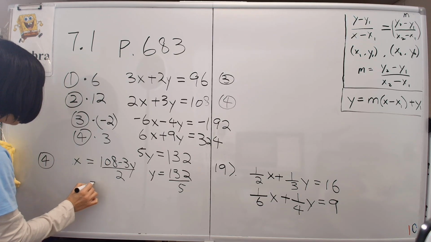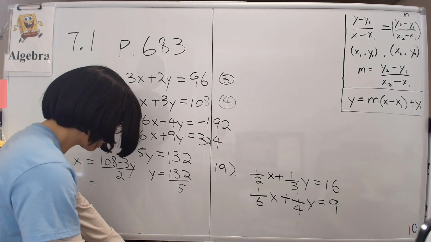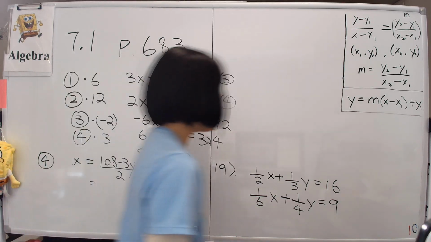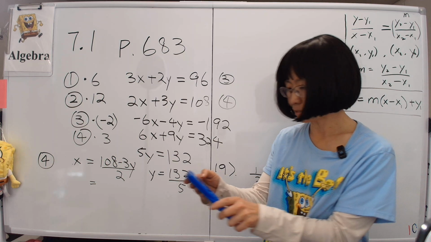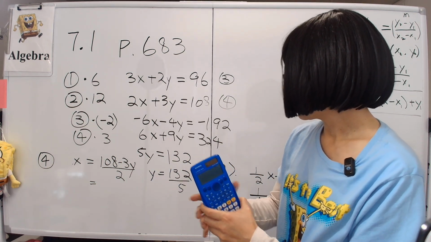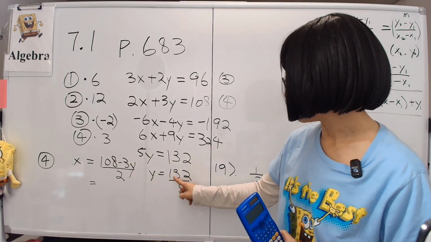And we're going to do that on the calculator, because that way we don't wear out our brain doing this type of thing. So let me grab the calculator. It's right here. We're going to do this thing right here, 108 minus 3y over 2, with y equal to that thing.